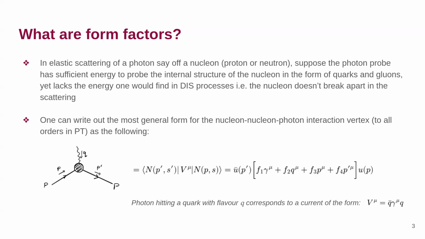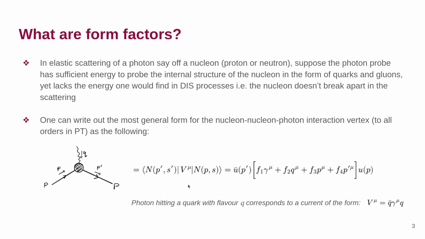We could then think about writing down the most general form for that interaction vertex. And it turns out this will hold to all orders in perturbation theory as the following. On the left here we have a little cartoon of a segment of a Feynman diagram where we have a nucleon, say a proton, coming in with some initial momentum p and being probed by a photon, represented by this squiggly line, which imparts some momentum transfer q, leaving the intact proton to scatter off with some final momentum p primed.